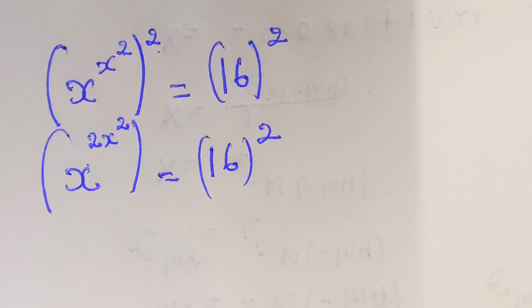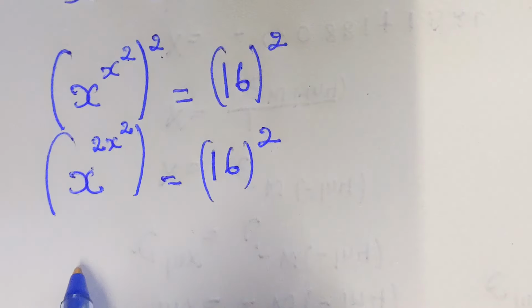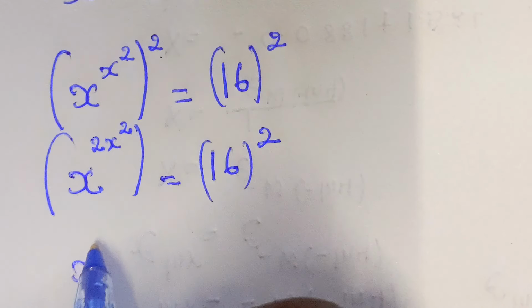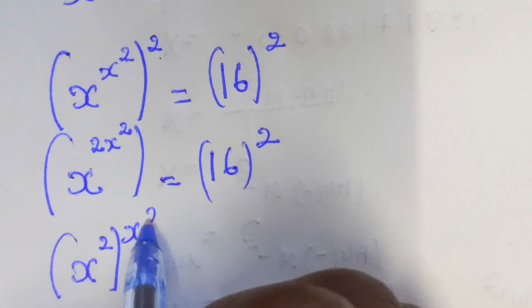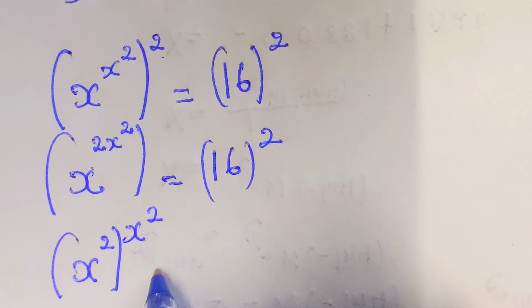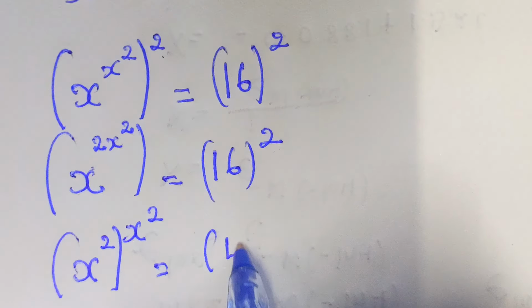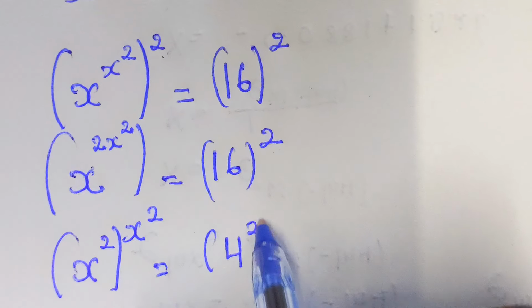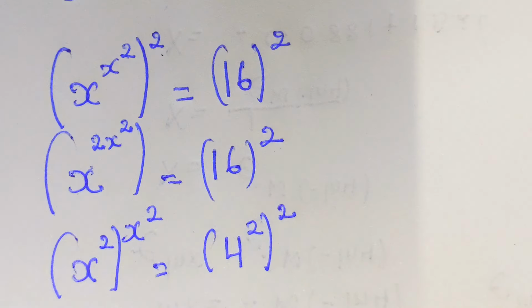And if you have seen nicely, we can separate this one to get x squared then power x squared, and of course this must be the same. This is equal to 16, which can be equal to 4 squared then power 2.